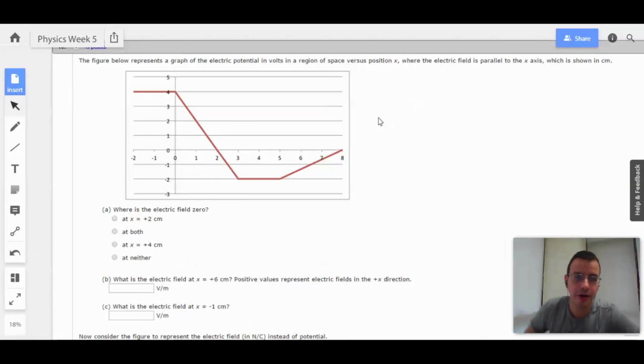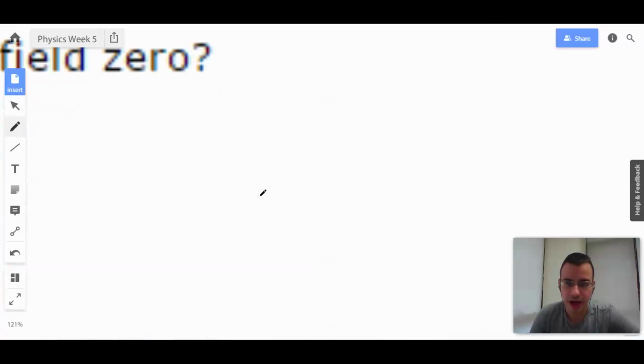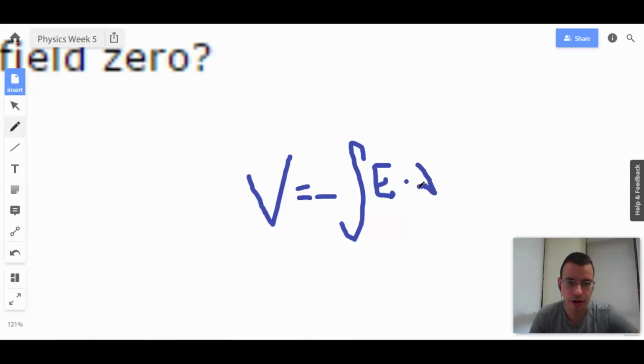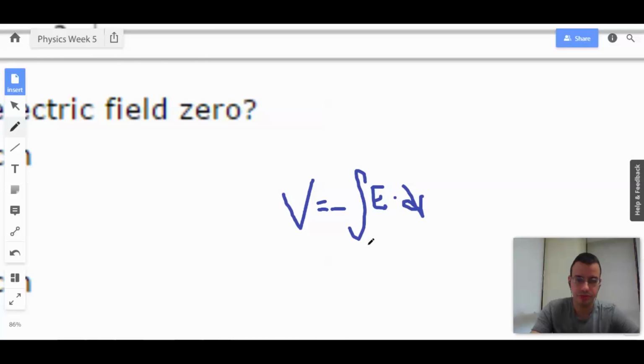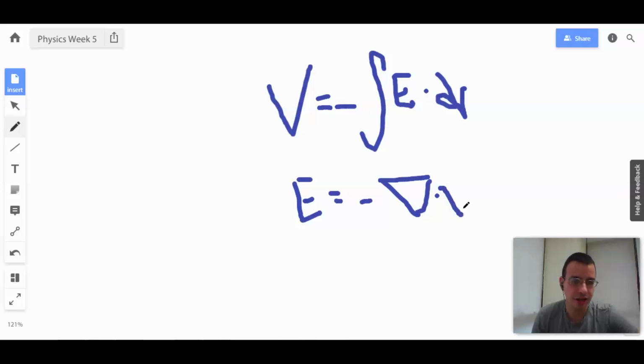Anyway, so here I'm going to write up our formula. Voltage equals negative integral E dot dr, which in turn means that electric field equals negative divergence of voltage, which is basically the derivative of voltage.